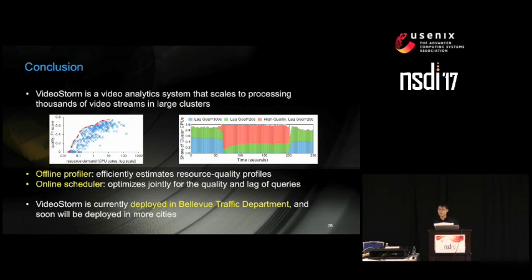Good question. The question is whether we can generalize the profiles that are done on one video to many cameras. The general answer is that it depends on the video content, because the query is specifically profiled and tested on one specific camera, and the actual resource usage and quality will also depend on the video content.